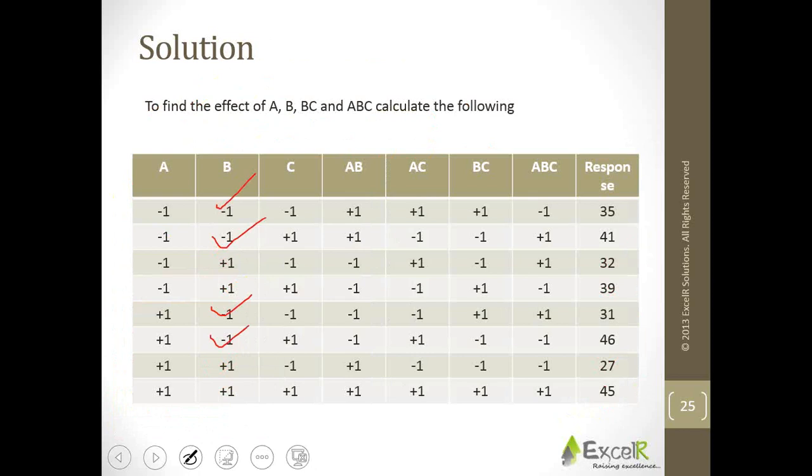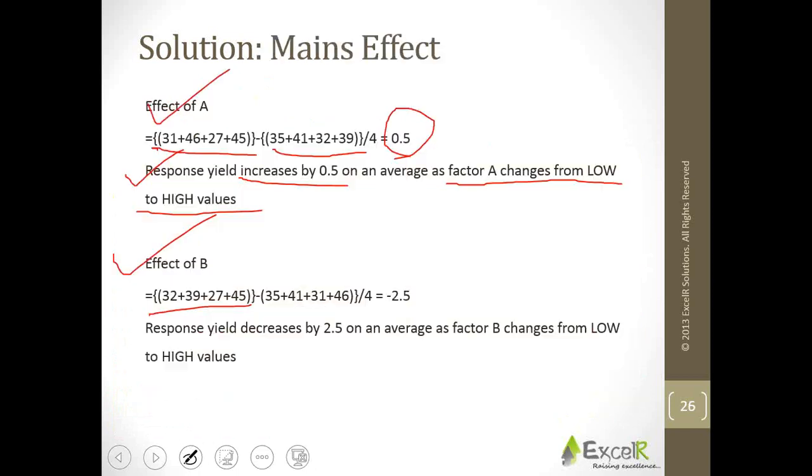So the corresponding responses are 35, 41, 31 and 46. You add all these 4 and then divide by 4 to get a value of -2.5. Response yield decreases by 2.5 on an average as factor B changes from low to high.